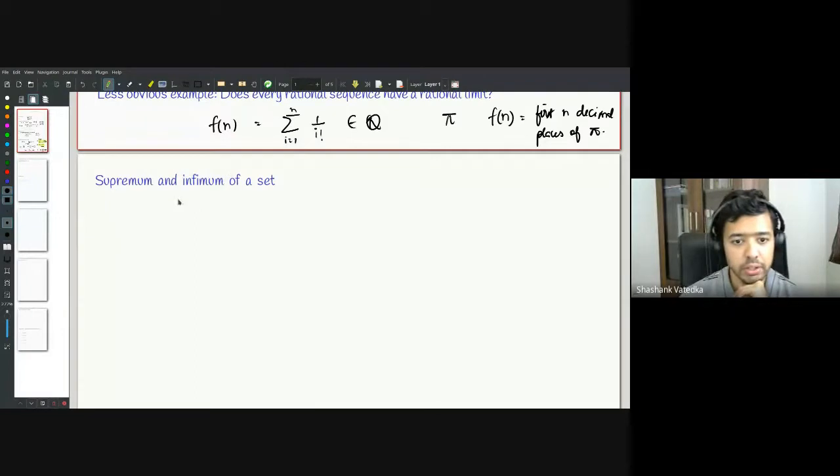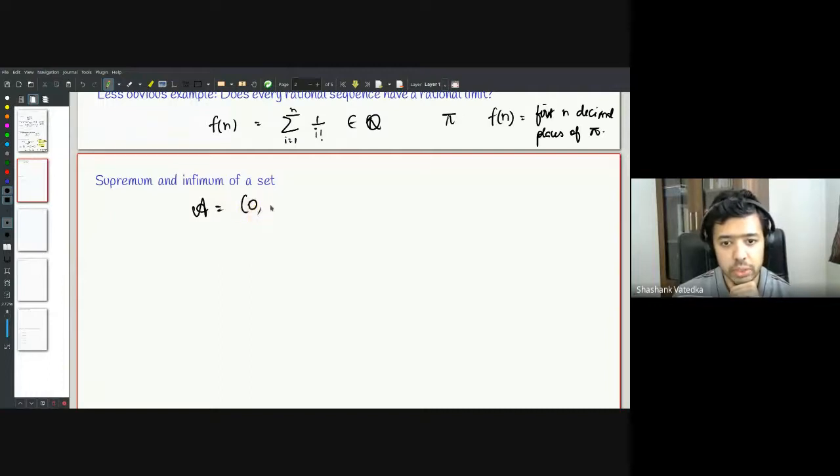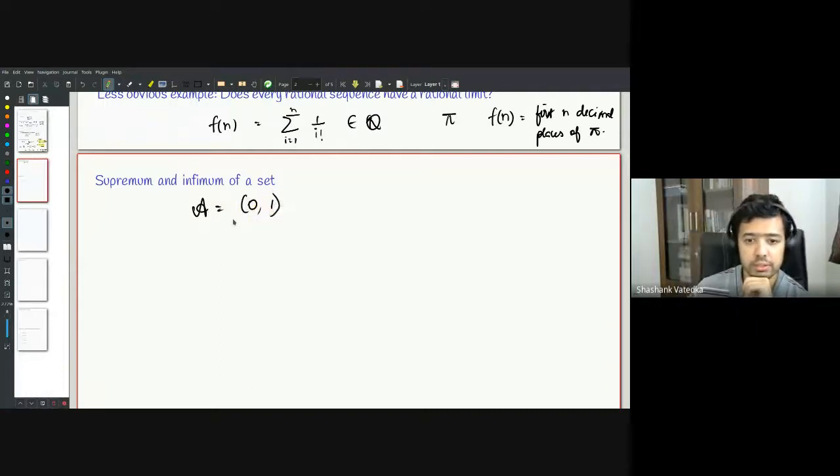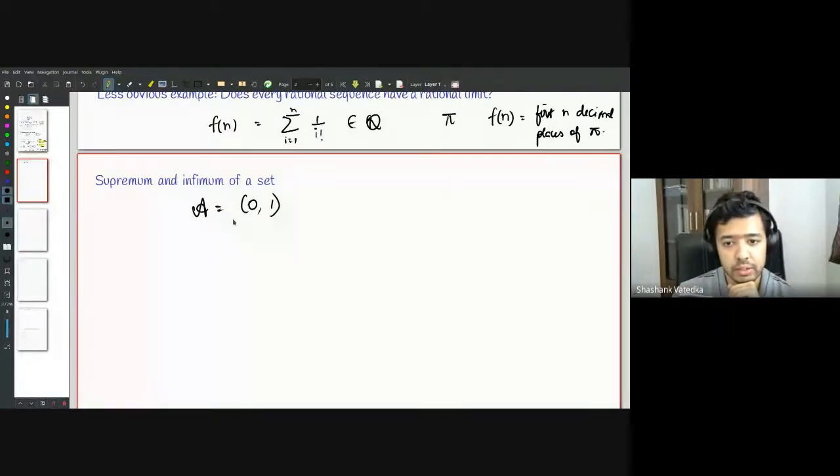All right. So in particular, if I define the set A to be, let us say, the open set (0, 1), and I look at the sequence f of n equal to 1 over n, or maybe 1 over n plus 1. Each element of this sequence is just 1/2, 1/3, 1/4, and so on, right?